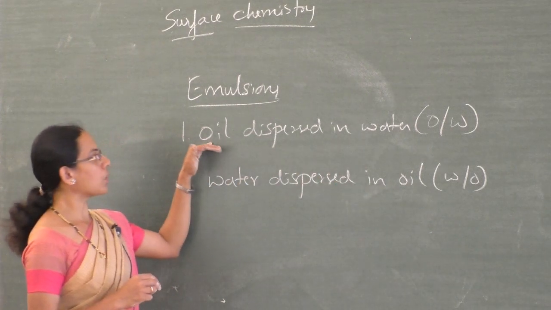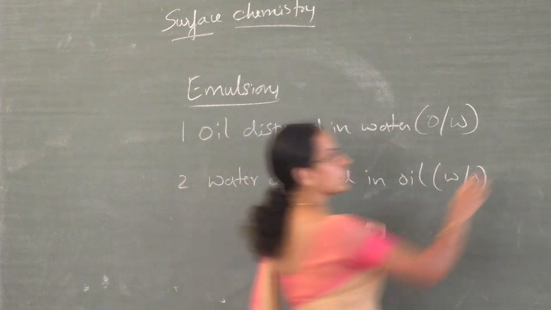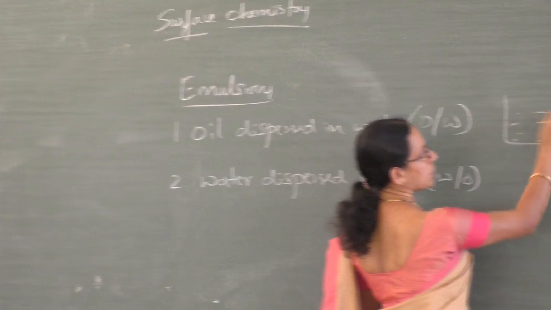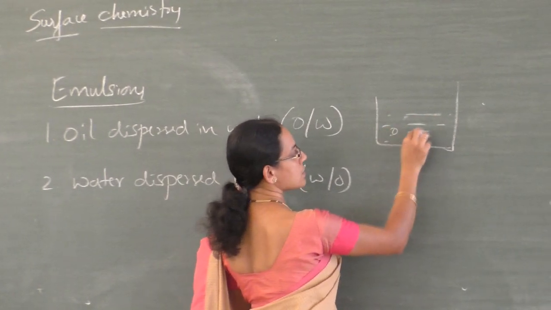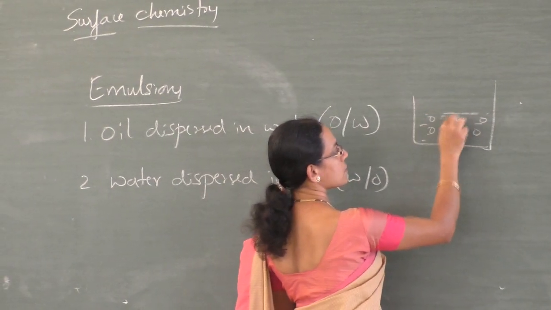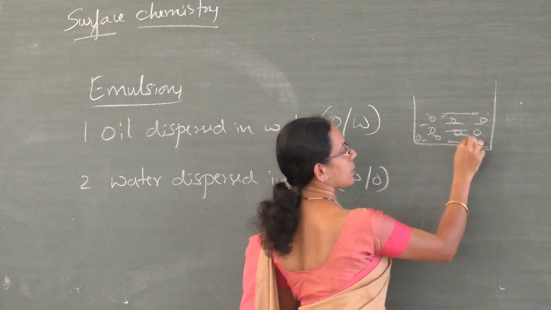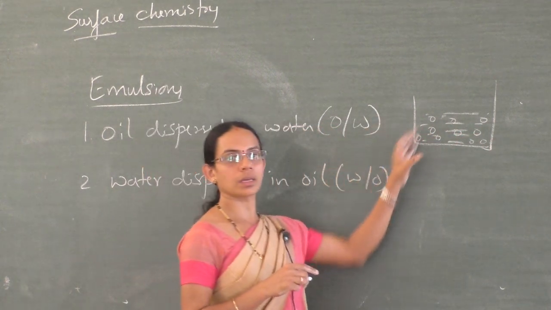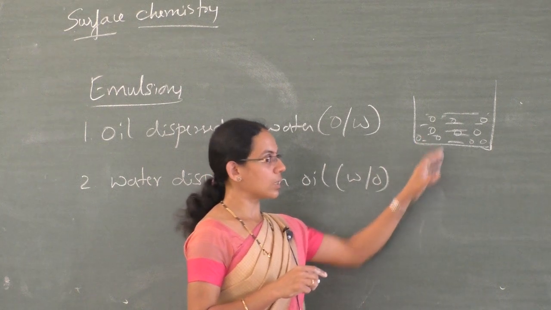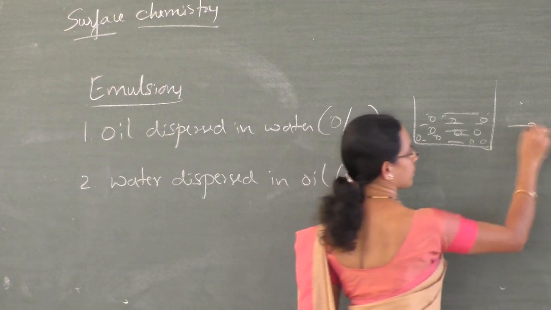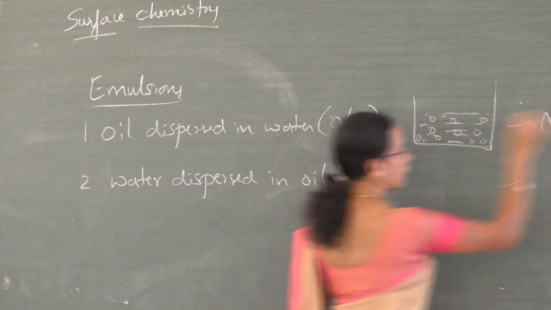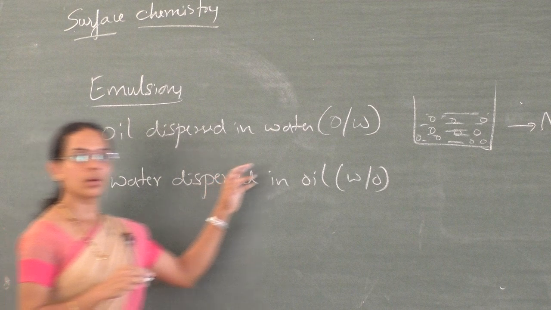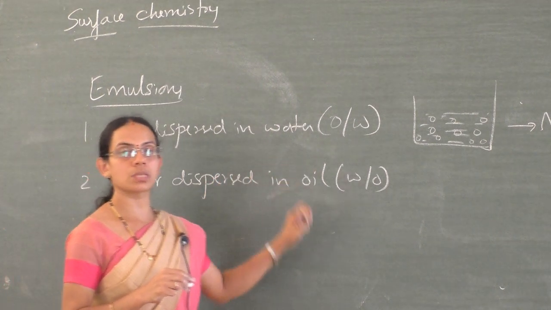In the first type, oil dispersed in water, the dispersion medium is water. In that, some oil particles are dispersed. So an example is milk. Milk is an emulsion of the type oil dispersed in water, where liquid fat is dispersed in water.